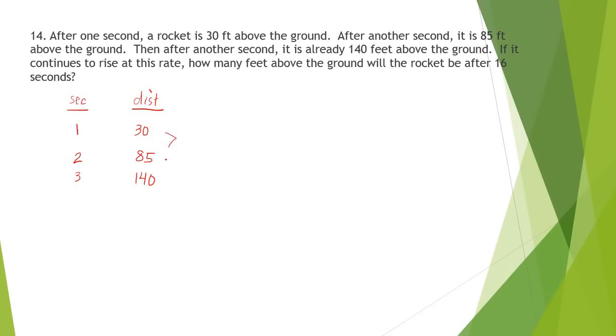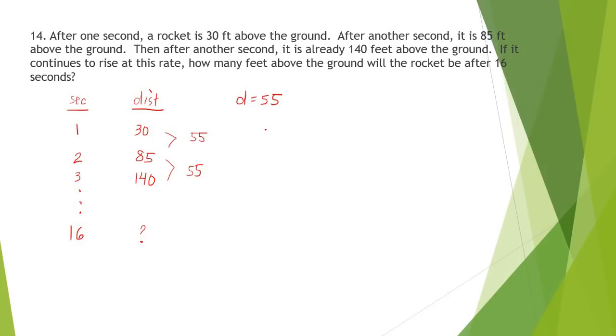So you notice we have 85 minus 30 is equal to 55. 140 minus 85 is equal to 55. So we have a common difference equal to 55.